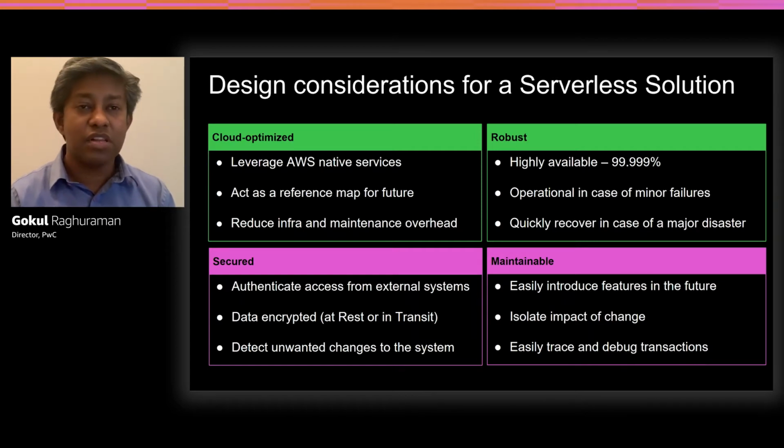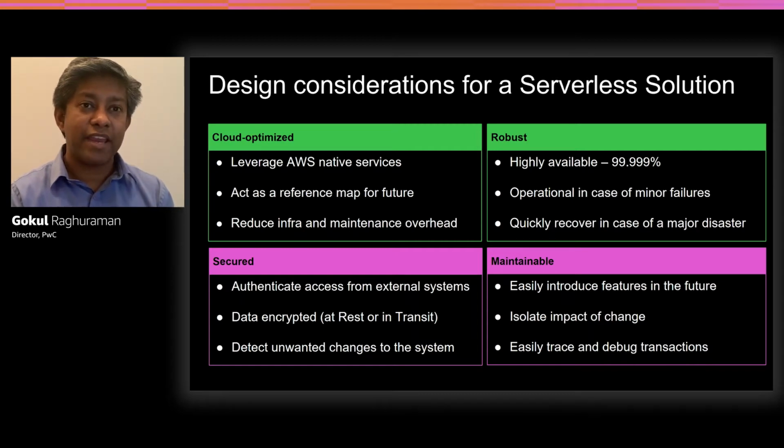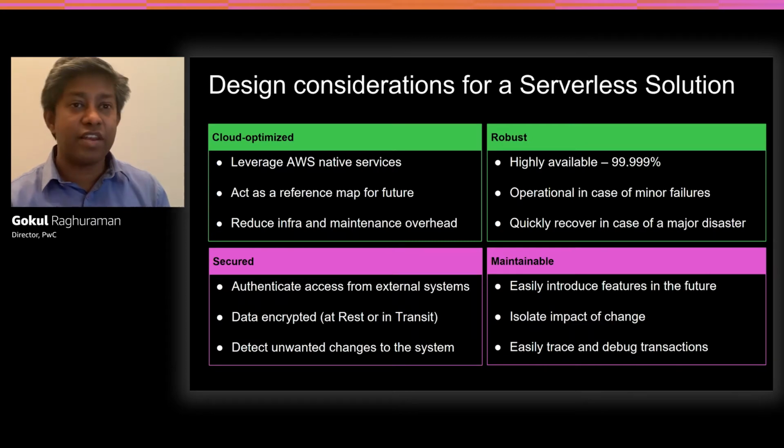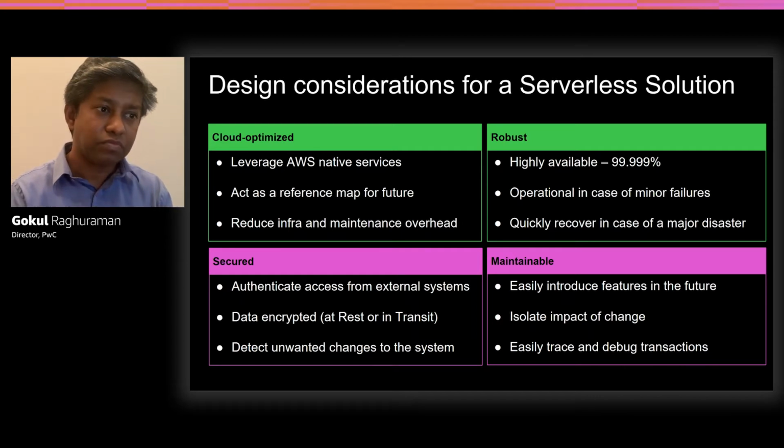AWS, as an example, provides more than 150 services. And every category, right from compute to serverless, has a number of capabilities and services, and the speed of innovation at which these services get enhanced makes you think carefully about putting in the right foundational principles that can then help you make those architectural decisions.